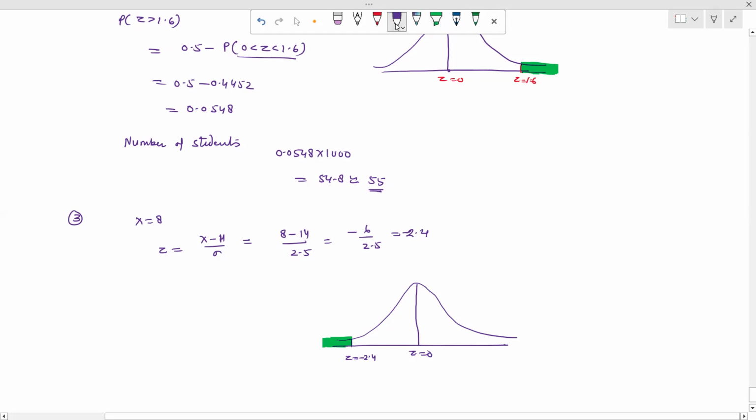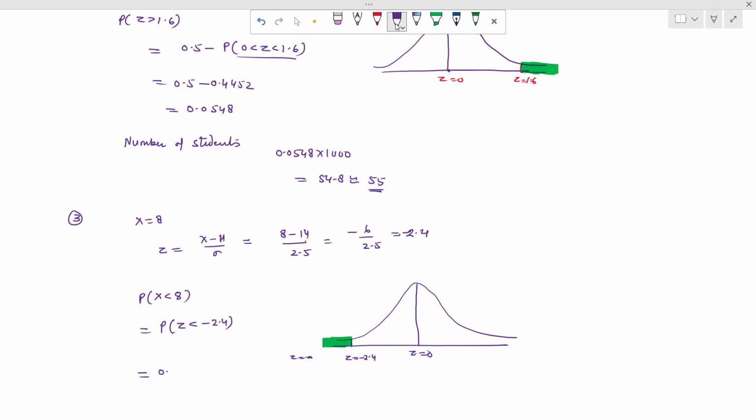Okay, so we write down the value of x less than 8. So it means probability P(z < -2.4). This area is the same thing. On the left-hand side, the total area from z equal to 0 up to minus infinity is also equal to 0.5.